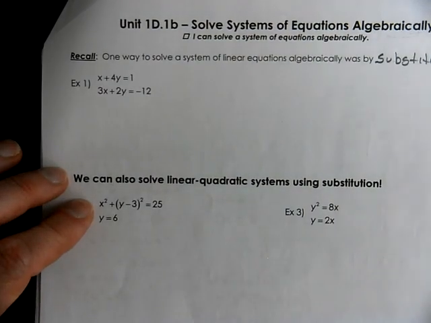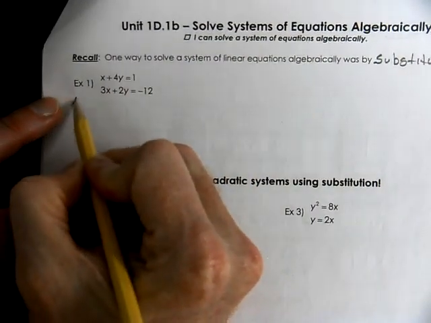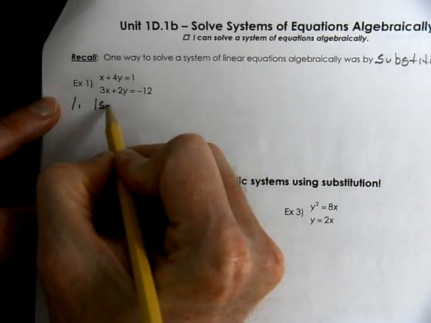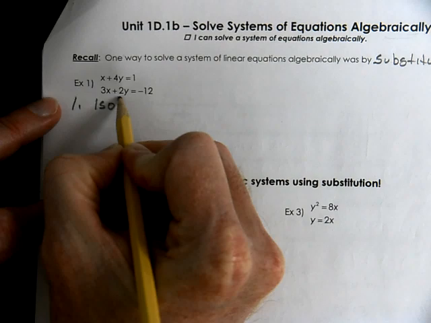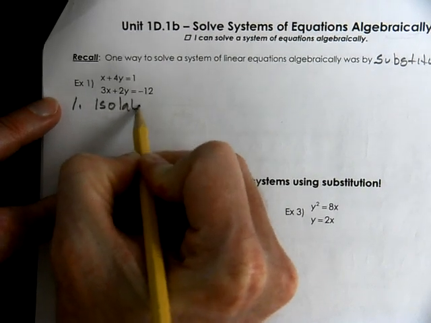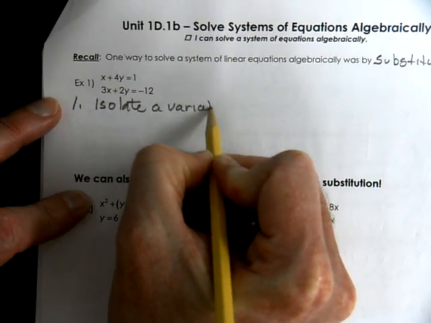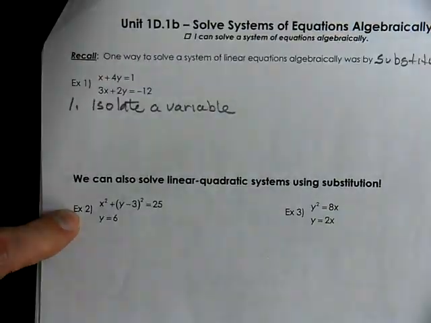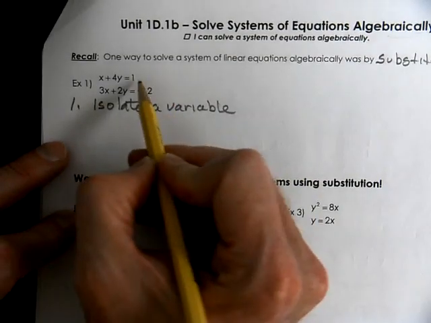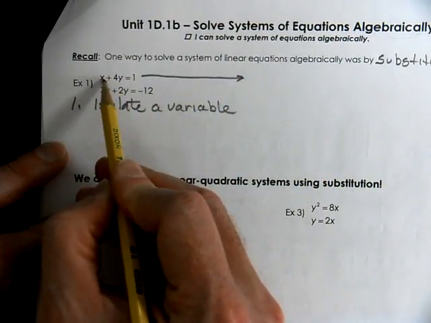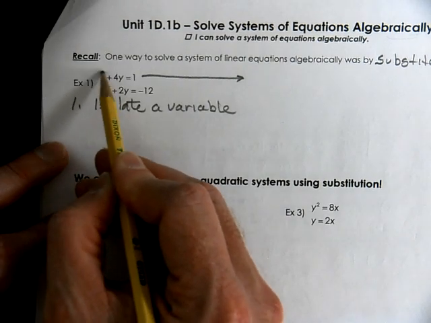There are some basic rules with substitution. First thing we want to be sure to do is to isolate a variable. You want to get a variable by itself. So in this case, I see my x is already practically by itself.